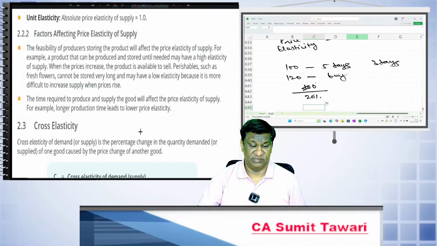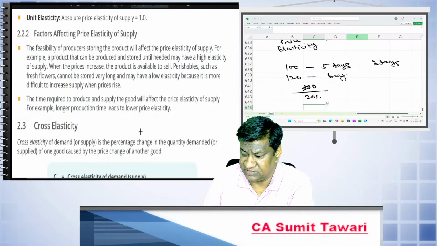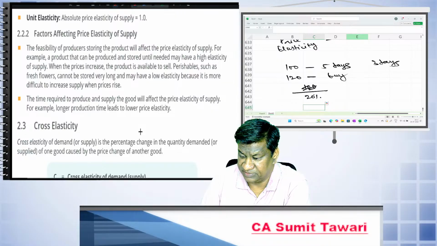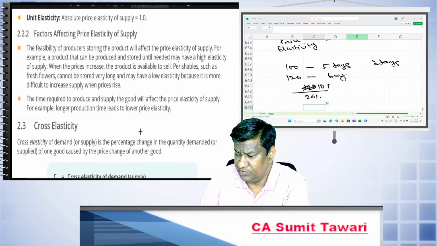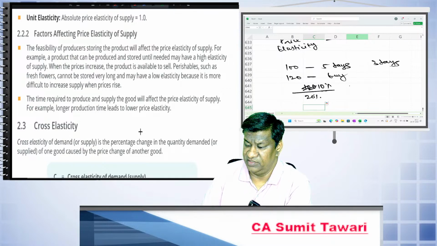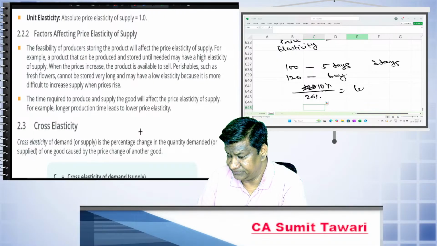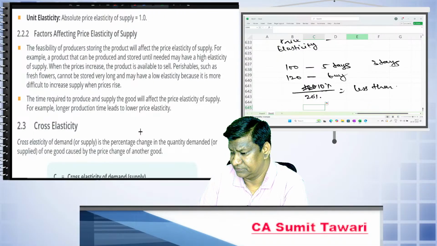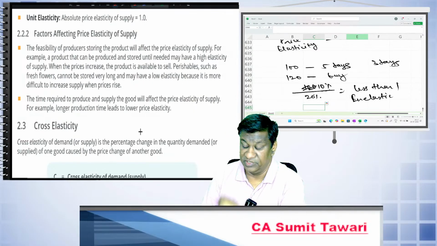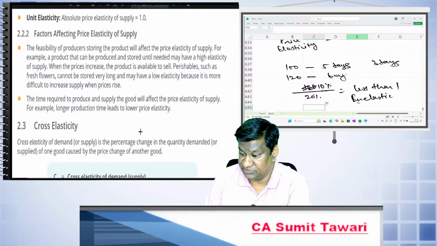Even though prices increase by 20%, he can supply the maximum quantity, or the quantity supplied may reduce by 10%. So it is less than 1. Okay, so it is inelastic. His supply quantity may reduce by 10%.